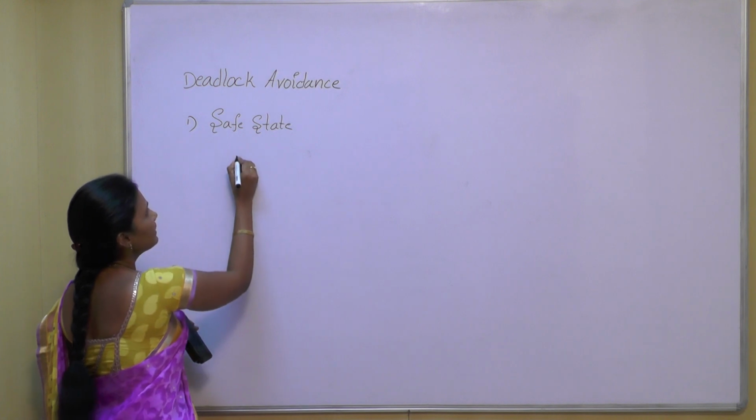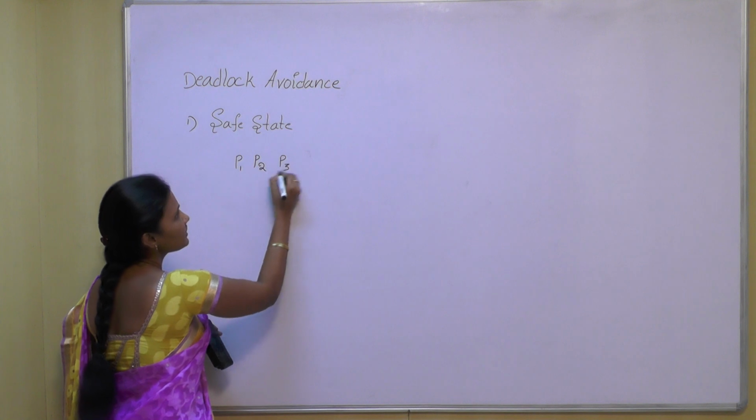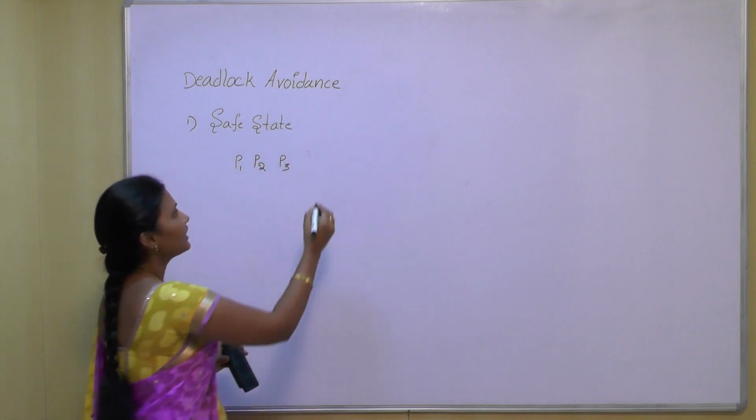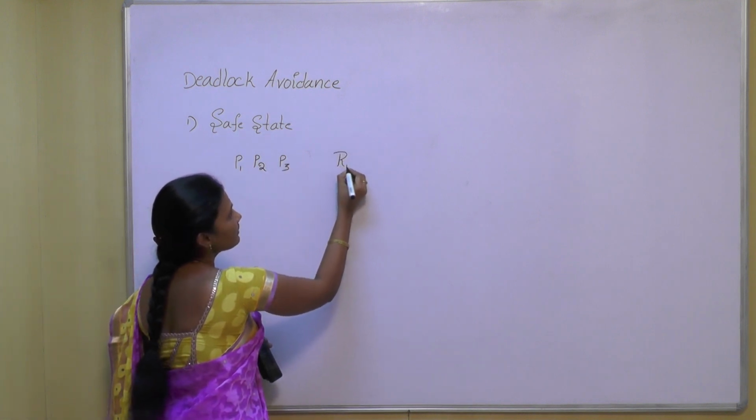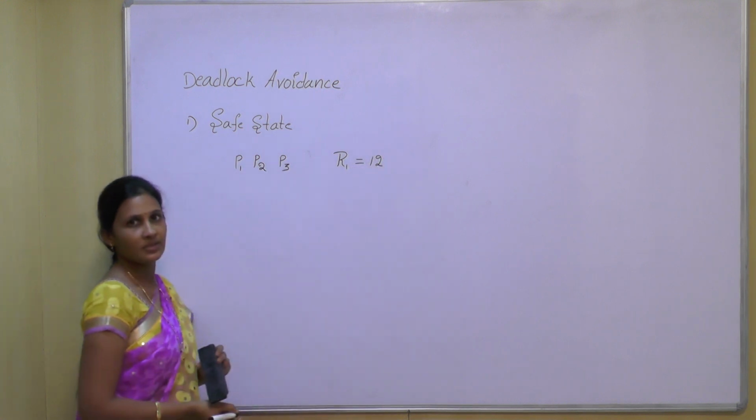In this example, consider three processes, P1, P2 and P3, and one resource R1 having 12 instances.